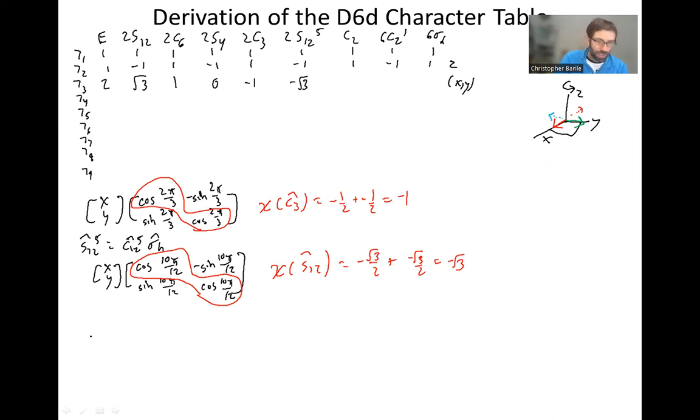So for C2, we're basically thinking about what matrix gives rise to these transformations. That's negative 1 on the diagonal. So I have negative 1 plus negative 1 equals negative 2.